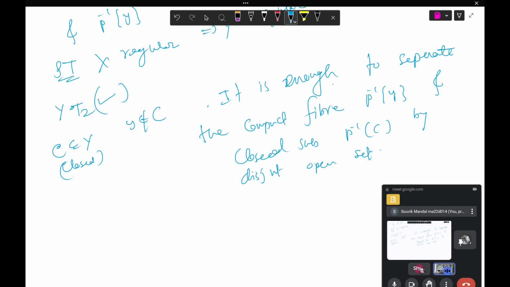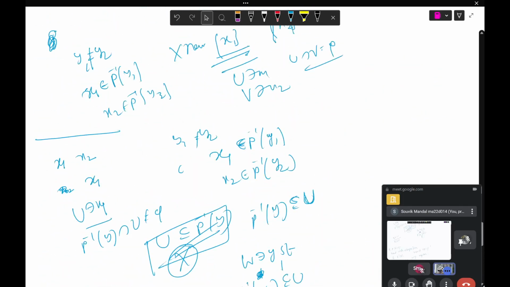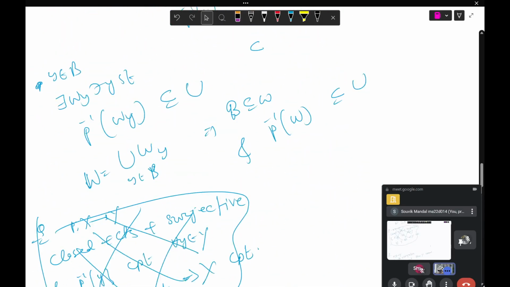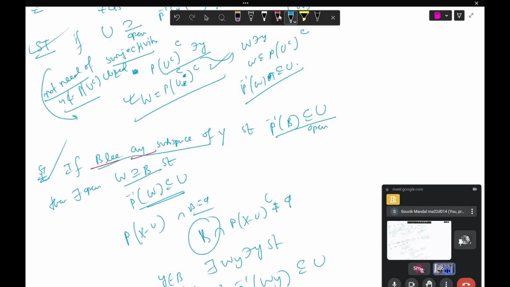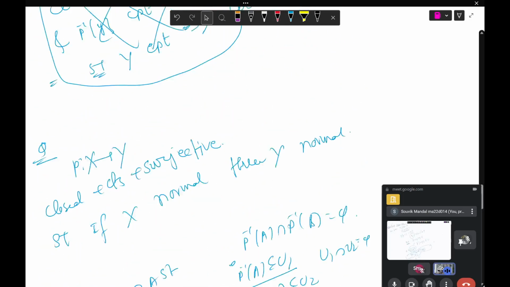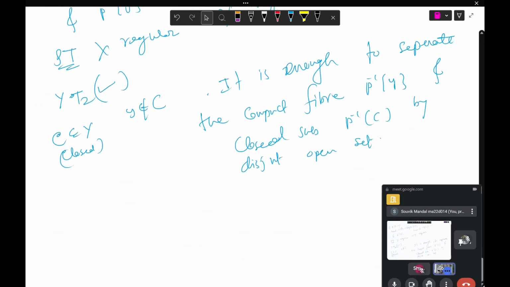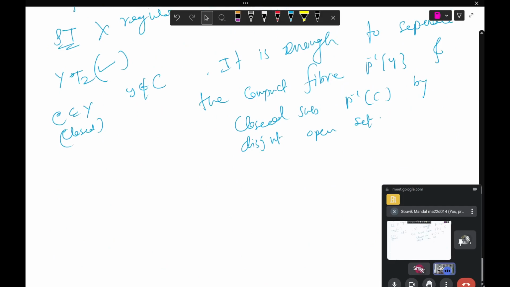If we're able to show this, then we can use part 2, namely this part, and it will solve the rest of the problem. So we only need to show that P inverse y and P inverse C can be separated by disjoint open sets.